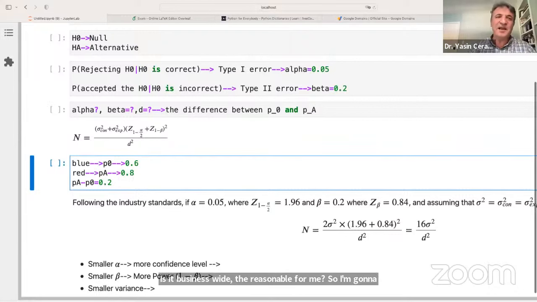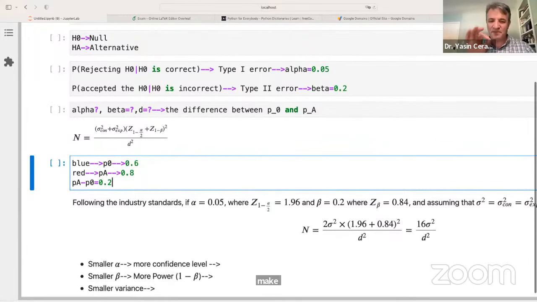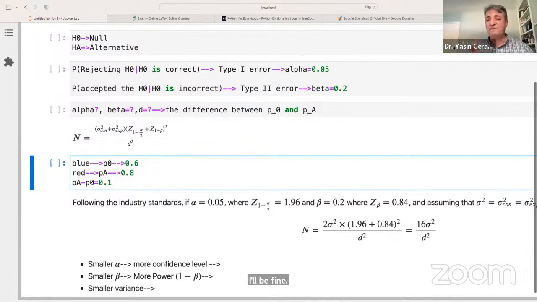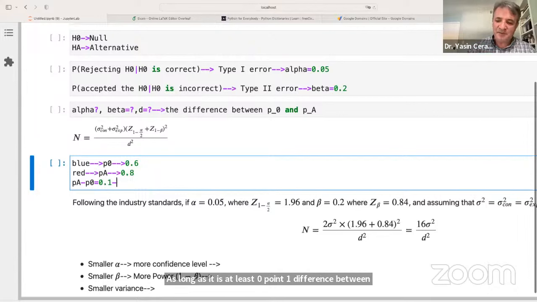I'm going to say the minimum effect will be, say, 0.1. After 0.1, I'm going to be on the profit side. That means if I see a jump from 0.6 to 0.7, I'll be fine, as long as it is at least 0.1 difference between the alternative and null hypothesis. So that is the D value, which you need to make a decision about. Right? Okay.